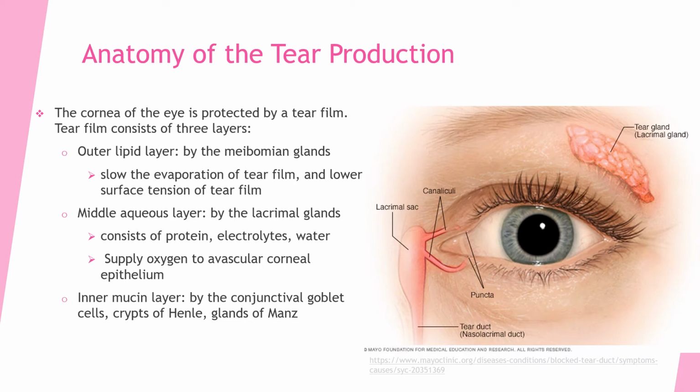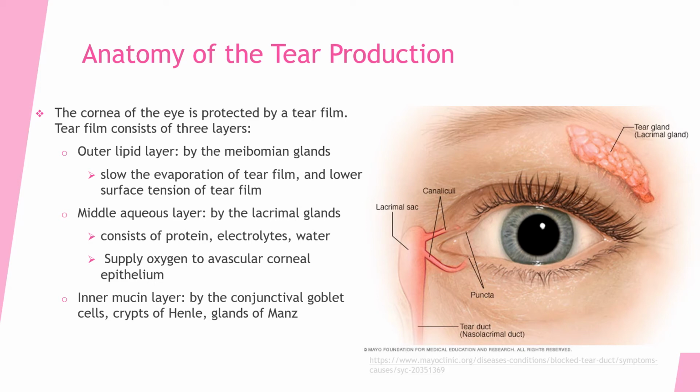The outer is the lipid layer, and this is produced by the meibomian glands. Understandably, this lipid layer slows the evaporation of the aqueous layer of the tear film. Therefore, the lubricational effect lasts longer on the eye. The second, middle layer is the aqueous layer and is produced by the lacrimal glands.